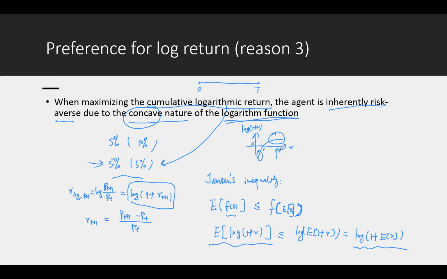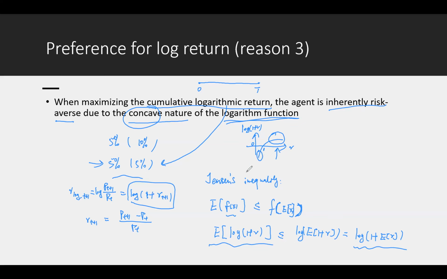However, if we live inside this region, the return itself is negative. The more negative, the higher the slope. If the slope is higher, then any slight change in the return is going to cause a big change in the log return itself. That means we're going to have a bigger variance, bigger volatility, if we were to live in this region.